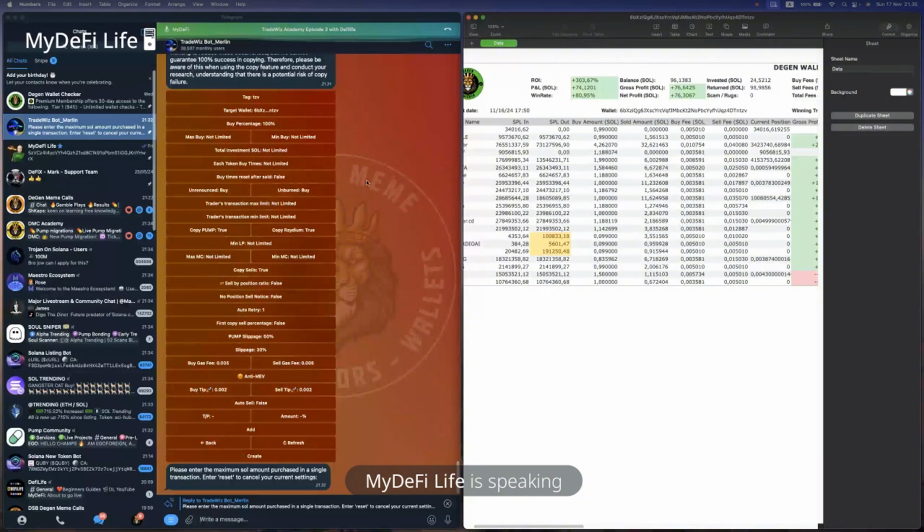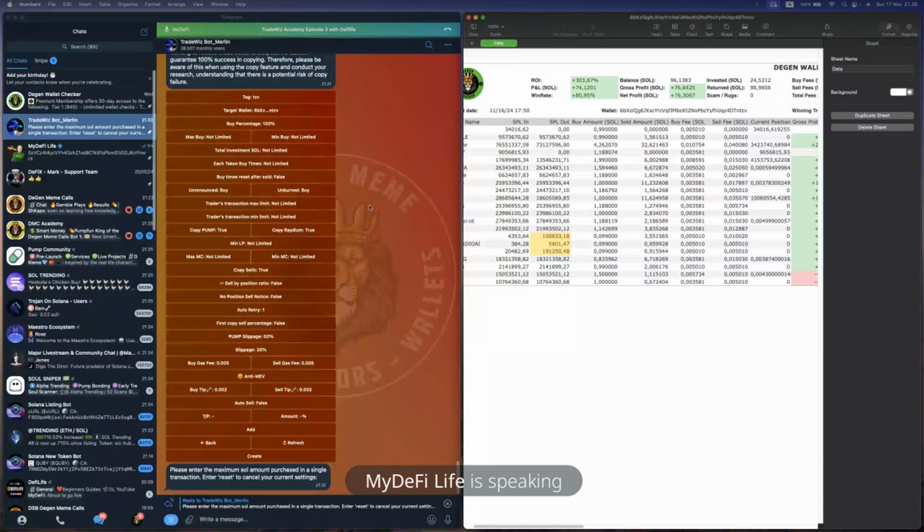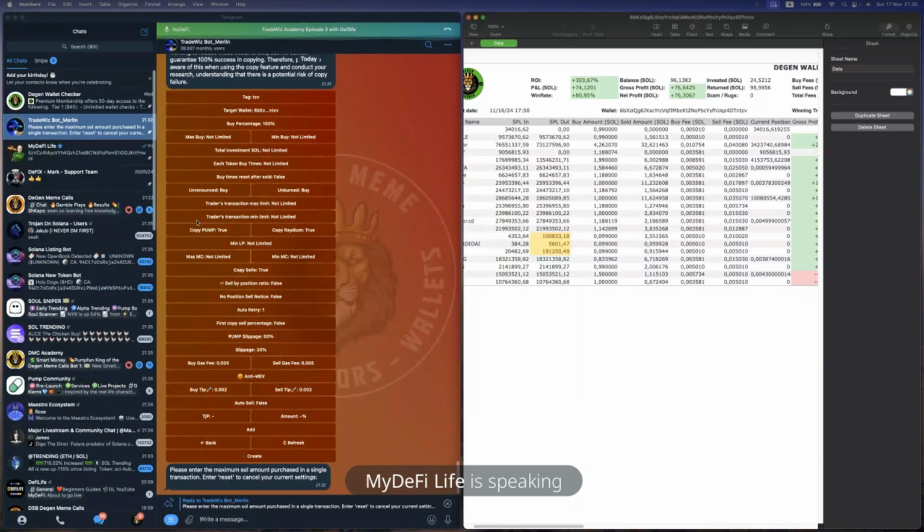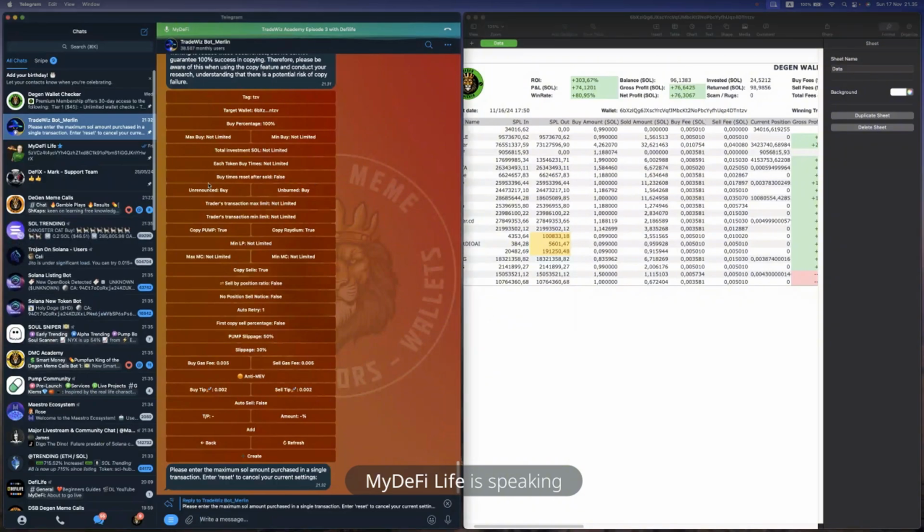I would never recommend copy trading someone who's doing 10 SOL on a 10,000 or 20,000 market cap token, because that's going to move the price before you can execute your trades, unless you're working off a node, or you can front run. But that's obviously a different story.